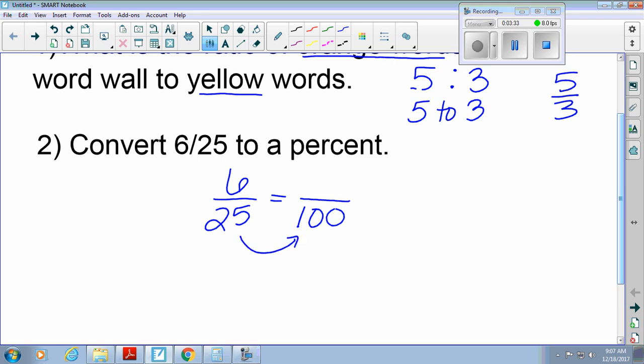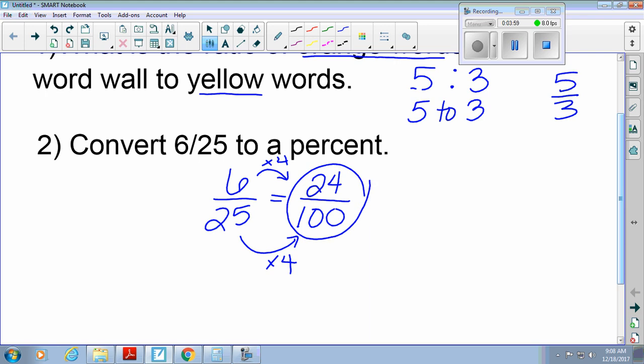So what do I have to do? How many times do I have to scale up 25 to get to 100? William? 4. Times 4. And to keep it proportionate, to keep it equivalent, we need to do the same thing to the top as well. 6 times 4 is 24. Now, a lot of kids are going to make the mistake of saying this is their answer, 24 100ths, all right?